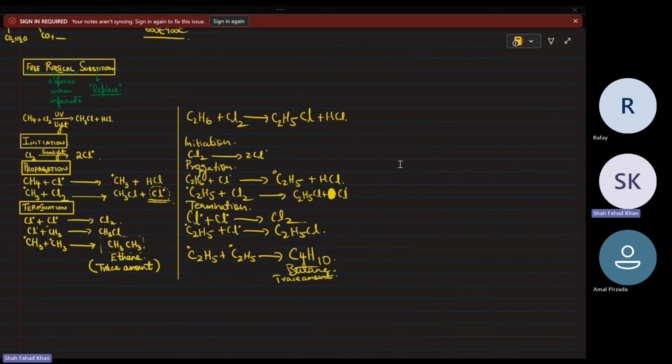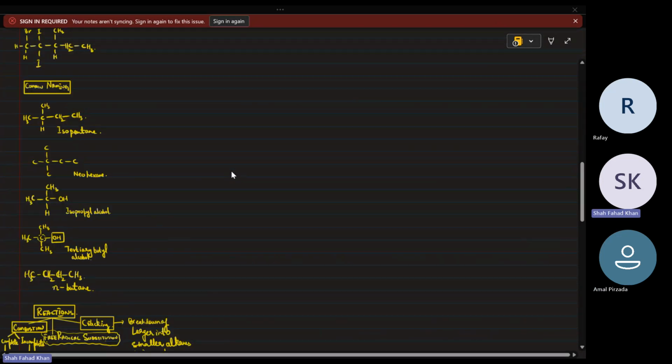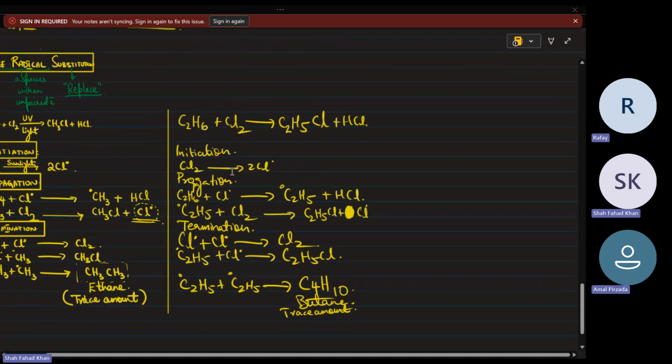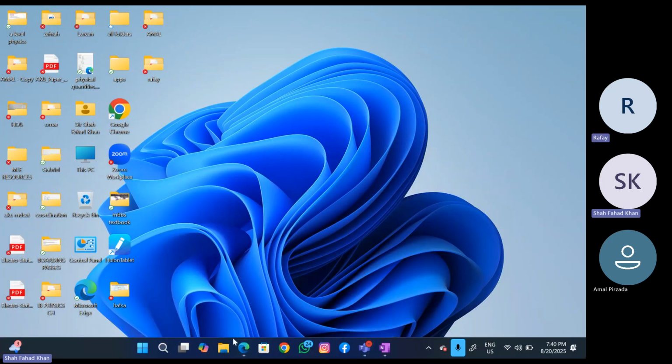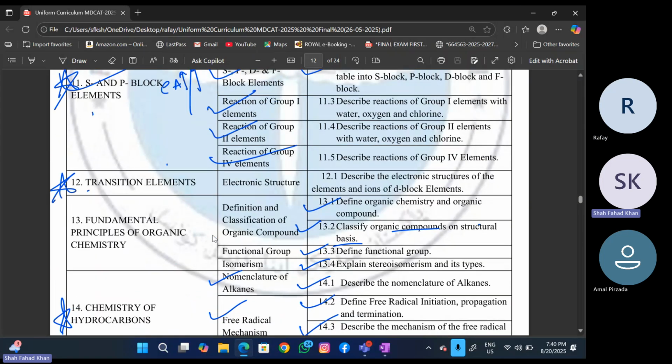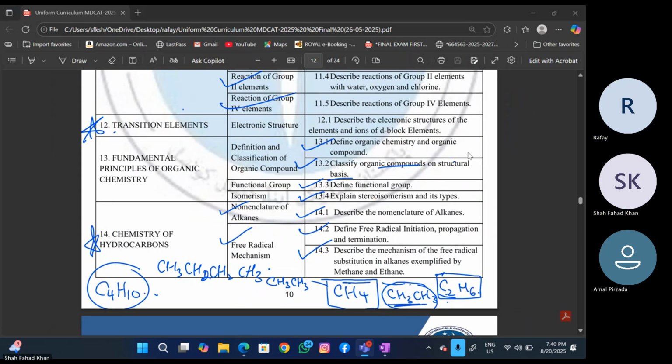This is all the free radical substitution required in the syllabus. All good, everything clear so far about alkanes? We are actually closing alkanes now. I'll just show you the syllabus real quick so that we can verify if anything is left. We just didn't do the isomerism part, but we actually did quite a lot.